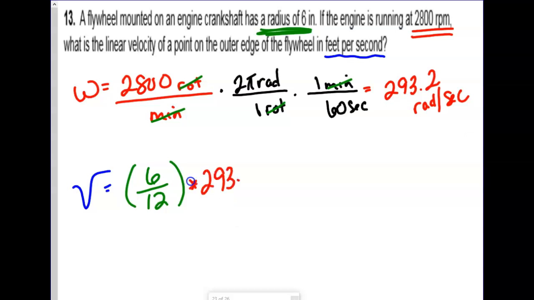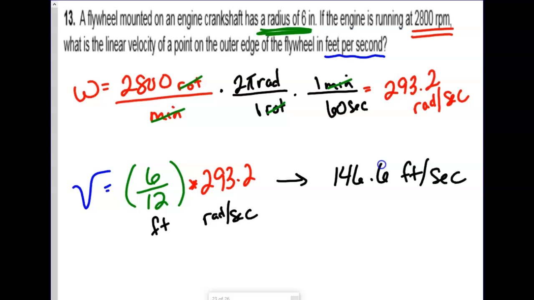Just watch your labels. So now this is measured in feet, and this is radians per second, which leaves us with a linear speed of feet per second, which is exactly what my teacher wanted. I'm going to get this question right. 146.6 feet per second.